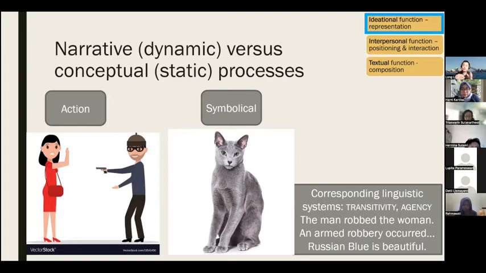So there are two different ways to represent a similar event. Whereas the second one, you can say something like Russian blue is beautiful. So you can see how we can combine visual grammar and linguistic grammar to analyze a multimodal text, to look at the meaning at large, the combined meaning.